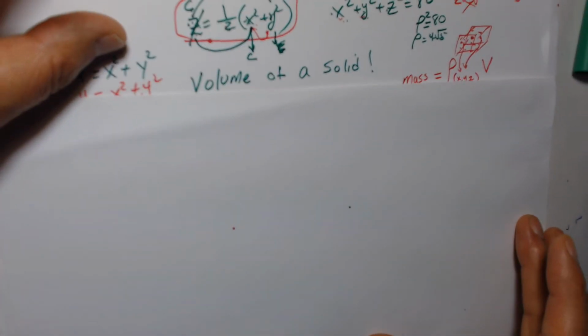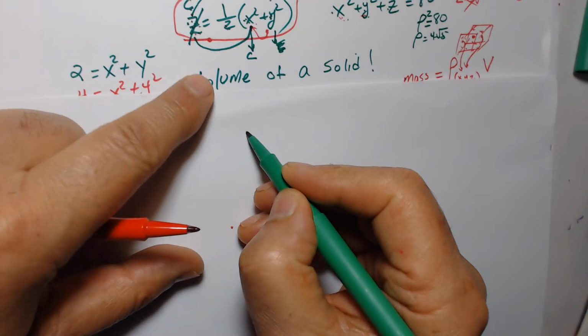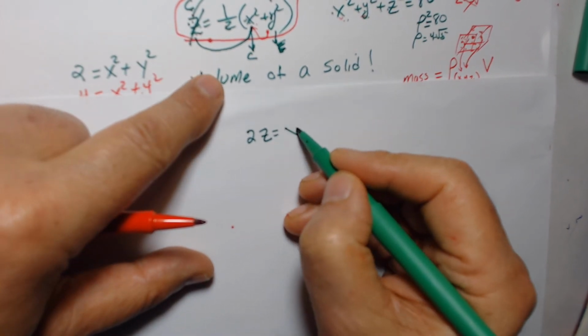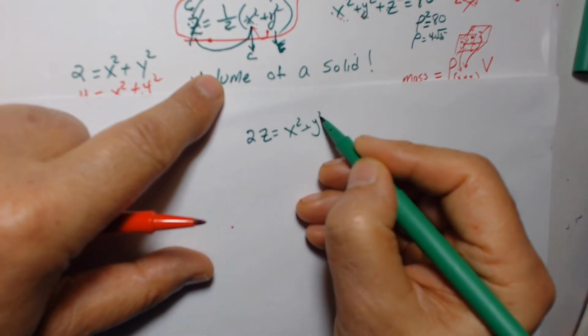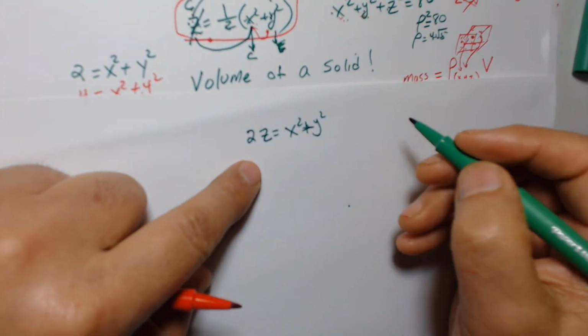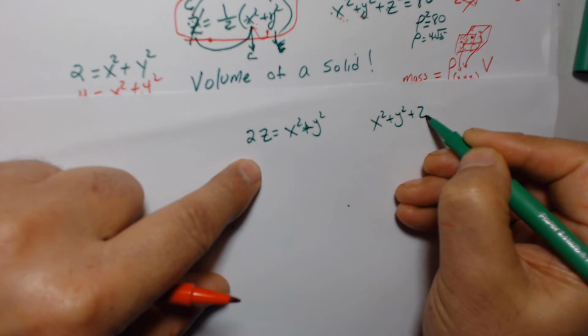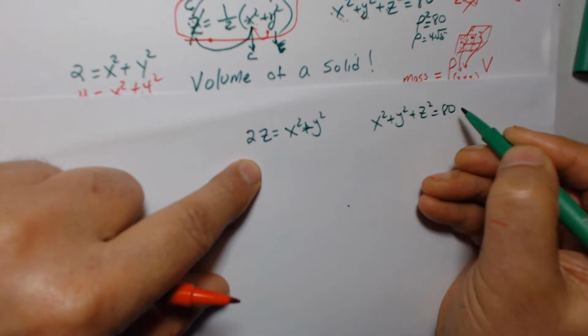Okay, then in here, if I cross multiply that cone, it becomes 2z equal to x squared plus y squared. That's my cone. And the other one is x squared plus y squared plus z squared equal to 80.